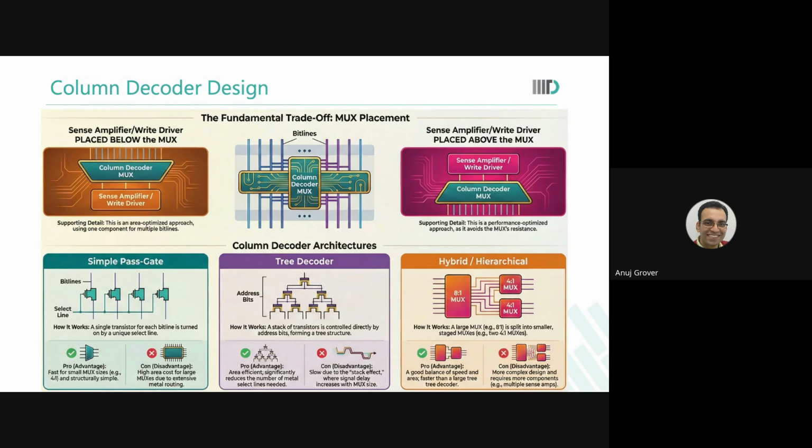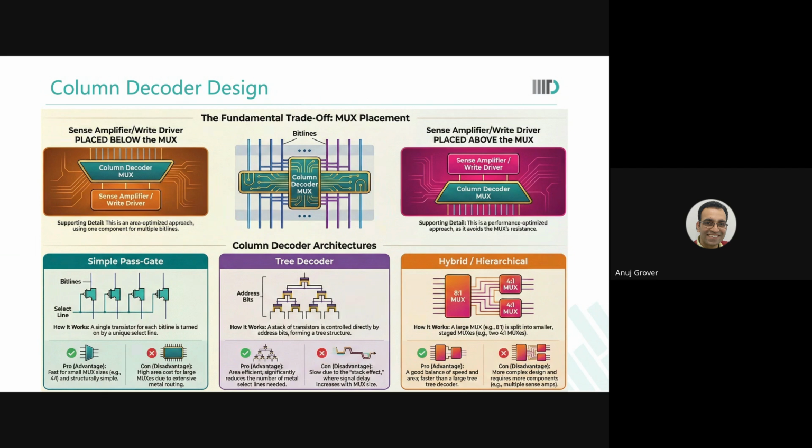So if you can go to a slightly lower VT, you can gain speed without compromising on leakage much. Are you with me? So we looked at simple column decoder. We looked at tree column decoder, and then we also talked about the hybrid column decoder.